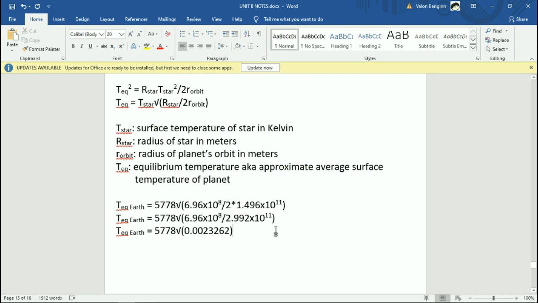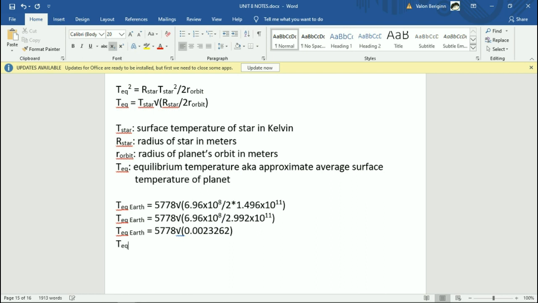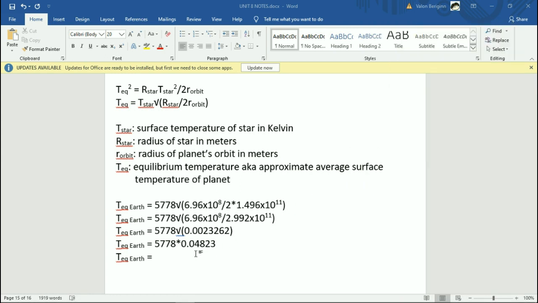Then I want to square root that, and I get this. So T eq Earth equals 5778 times that, which is 278.677.